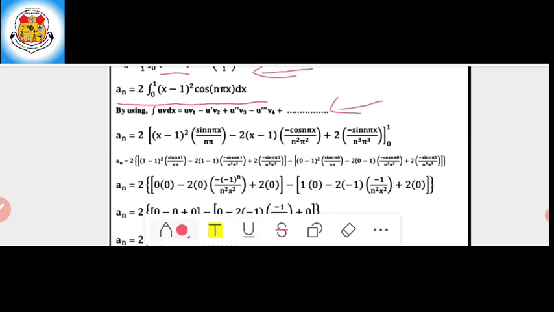So by applying the formula we get the integral of (x minus 1) whole square into cos n pi x.